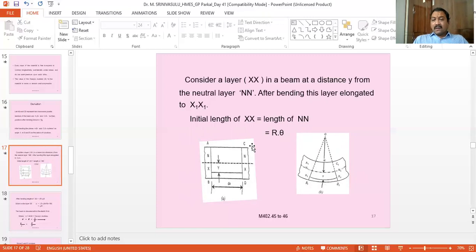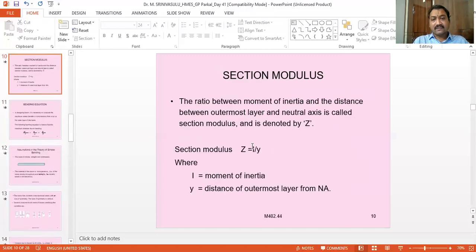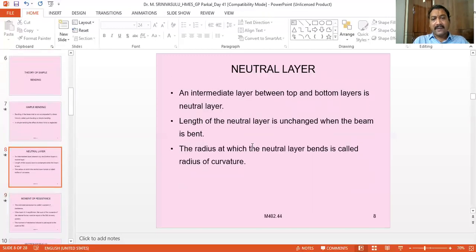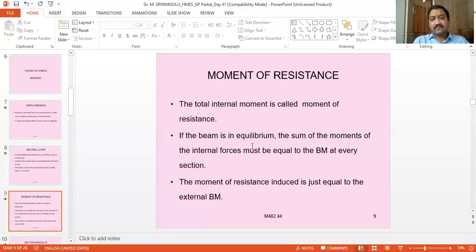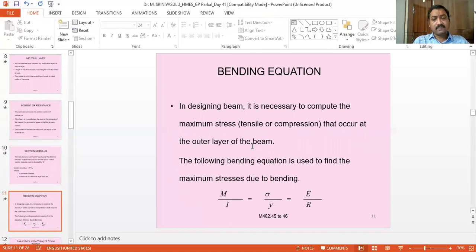And now today, coming to the summary part, we have discussed the basic concepts of simple bending, that is the theory of simple bending, and we have defined the moment of resistance, neutral axis, and section modulus, and we have defined the bending equation.